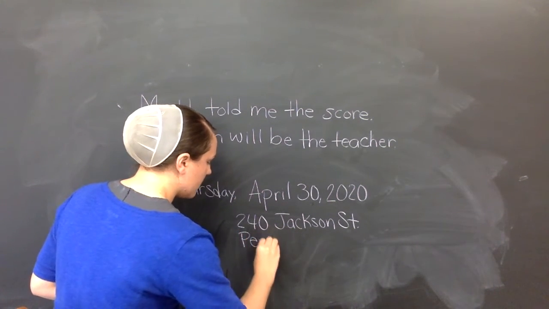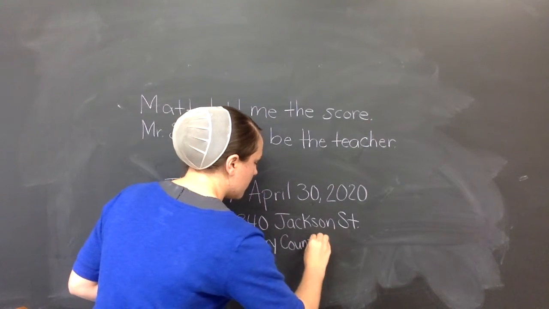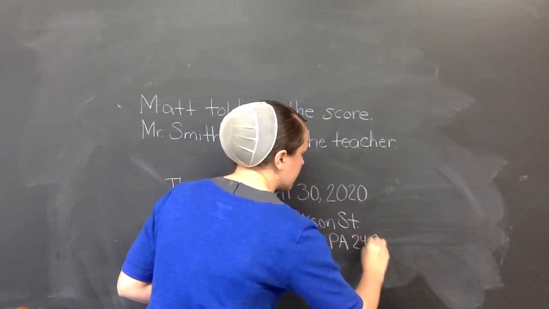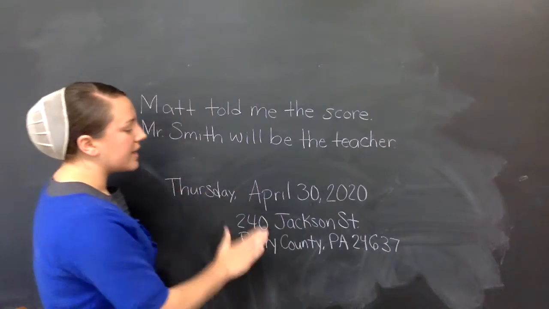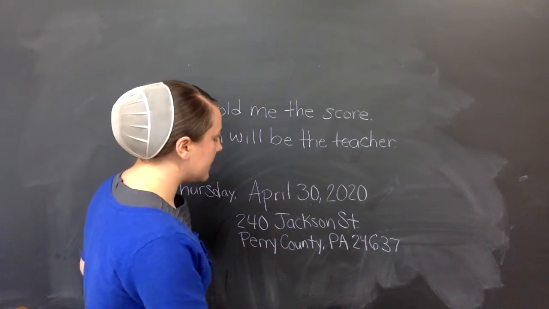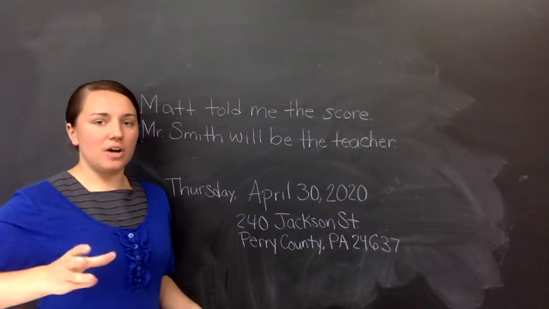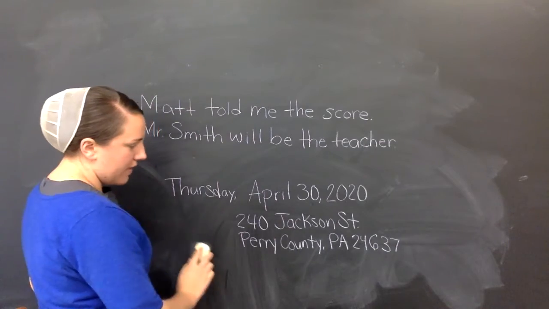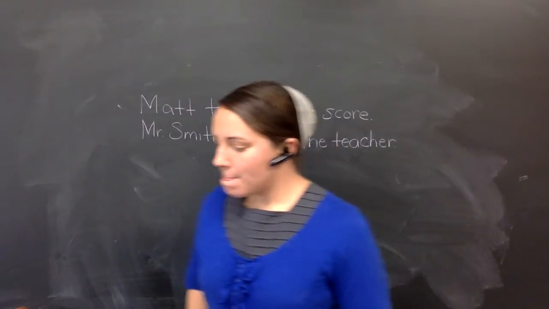Perry County, PA 24637. Okay, so that was off the top of my head. Now, in the address, you need a comma between the town and the state, as you can see. Okay, so just look over that. Remember how you need commas in dates and addresses.